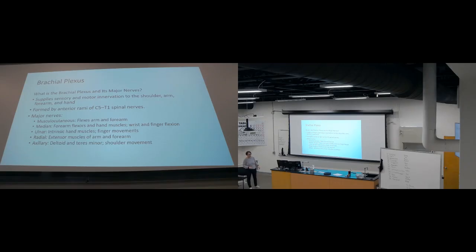The ulnar nerve helps innervate the intrinsic muscles of the hand and finger movements. When someone has paralysis of the ulnar nerve, the hand becomes shrunk because the lumbrical muscles become atrophic. So instead of having an open hand, the person ends up with a claw.